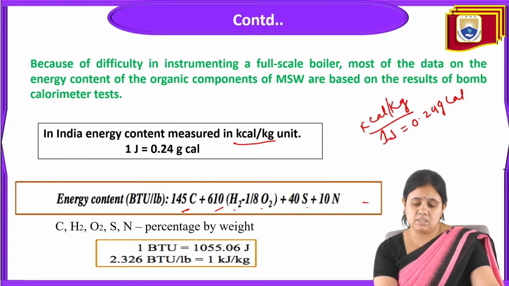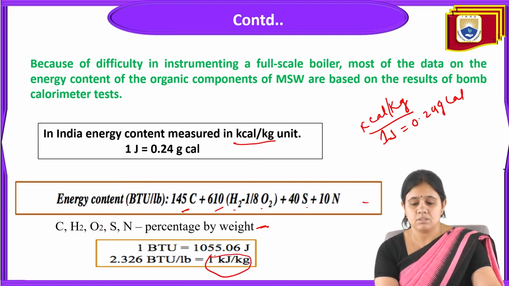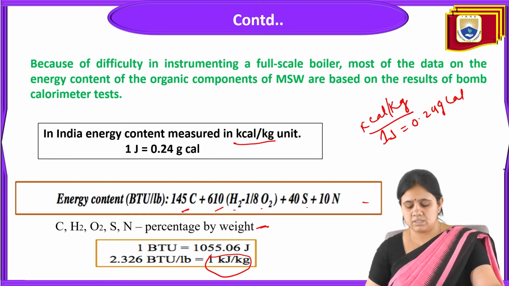C, H, O, these are the percentages by weight. And 1 BTU is 1055.6 joule, and 2.326 BTU per lb is equal to 1 kilojoule per kg. Energy can be calculated in kilojoules. So this is all about the energy content of the waste.